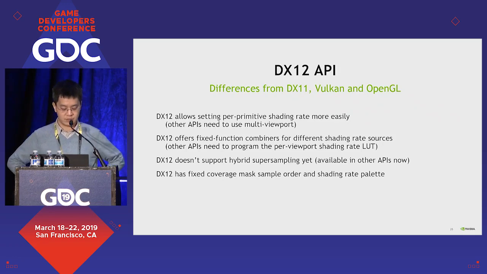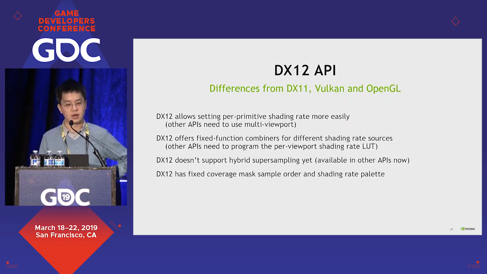Also, DX12 doesn't support hybrid supersampling yet. It is available in other APIs now. And also, DX12 has a fixed coverage mask, sample order, and shading rate palette. So it provides a more fixed function exposure of these hardware features.